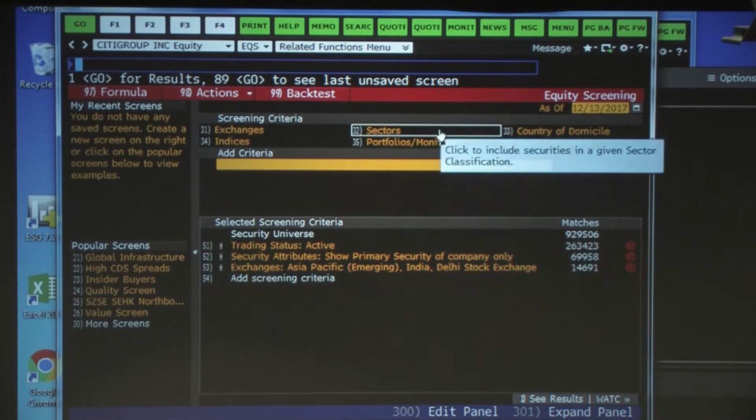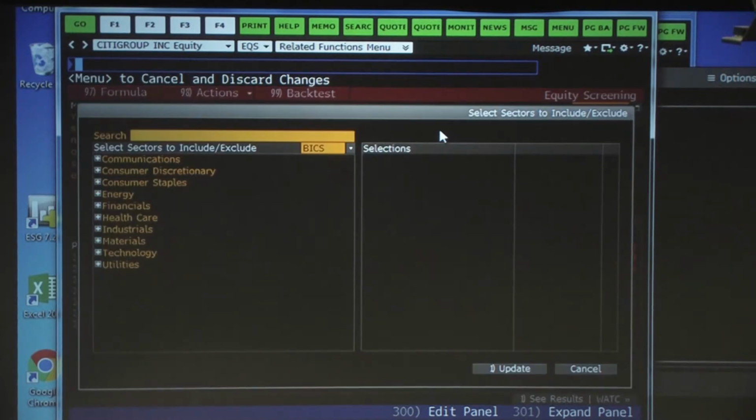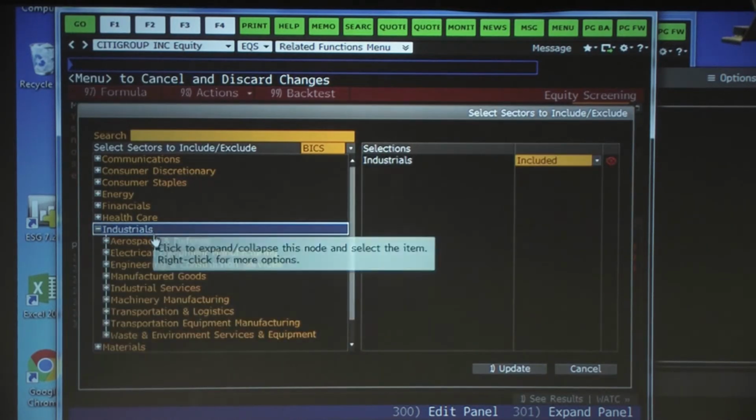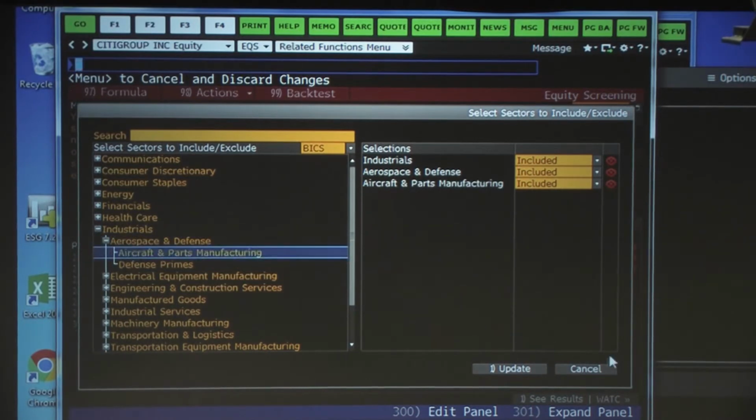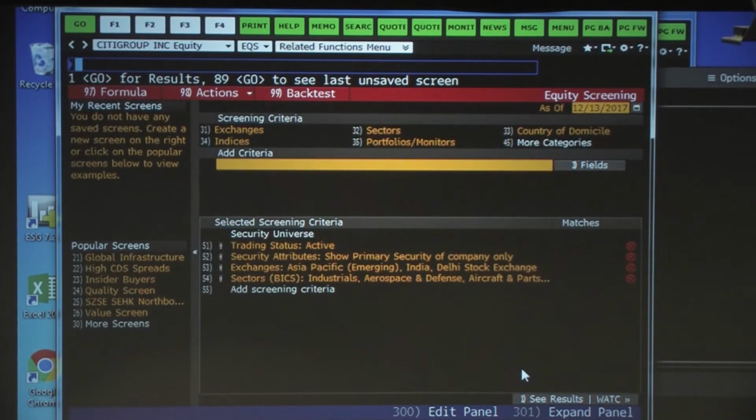But let's say we want to look by a certain sector. Let's say we want to look at industrials, aerospace and defense, and aircraft parts and manufacturing. If we go to update, we can see what stocks are within that industry within India.